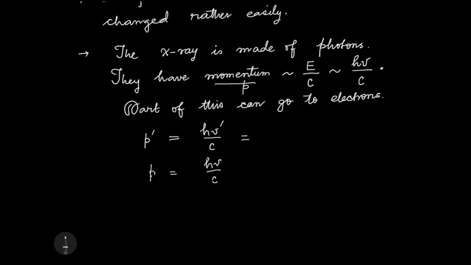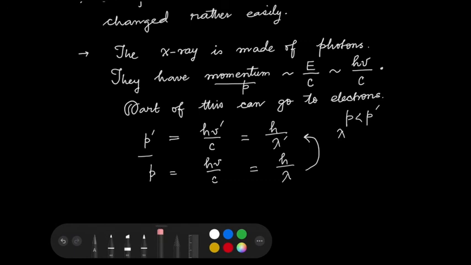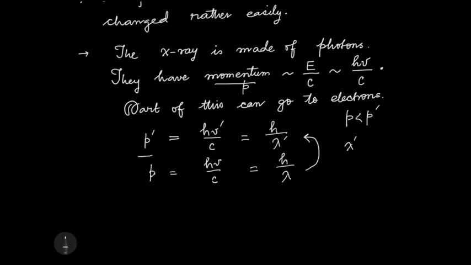And definitely you can immediately say that c by nu is nothing but lambda. So it will change its wavelength from lambda to lambda prime. And you can see P prime is less than P, which immediately tells you lambda and P are inversely proportional.